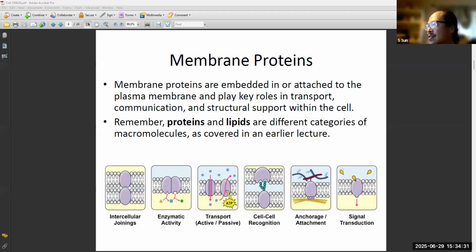Signal transduction: when any signal attaches to it, it will send that signal information to the cell. With intercellular junctions, two cells can bind together, hand in hand. That's why you have skin, because skin cells are not loosely detached from each other.